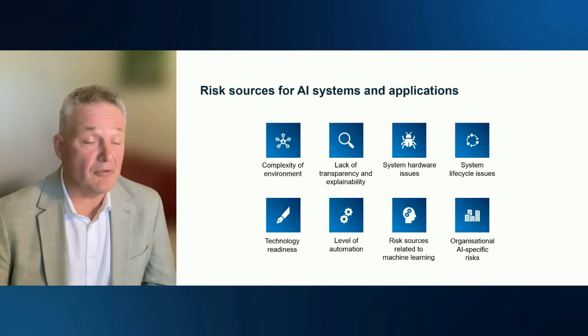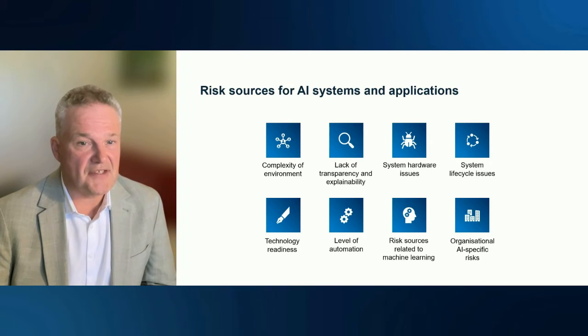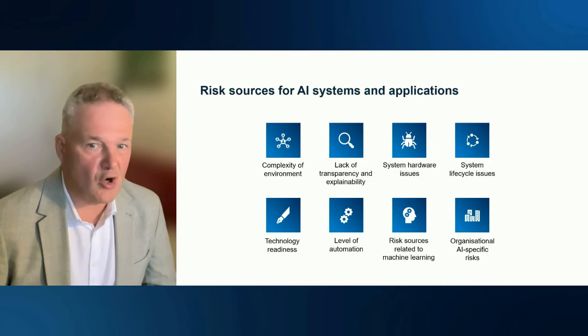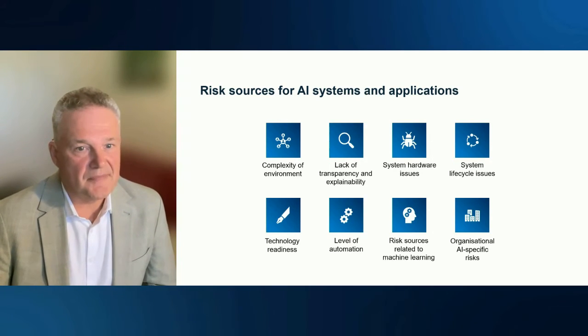But again, before we do that, pay particular attention to the risks that are specific to your organization's use of AI, that little box in the right bottom corner. So I'm going to pick up a couple of risks that are common across deployments.